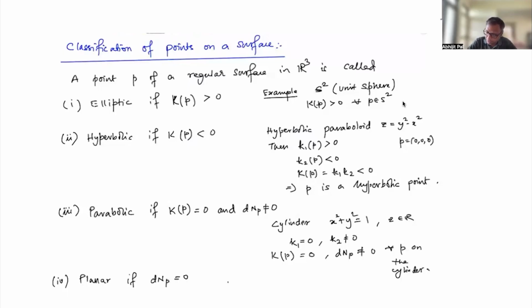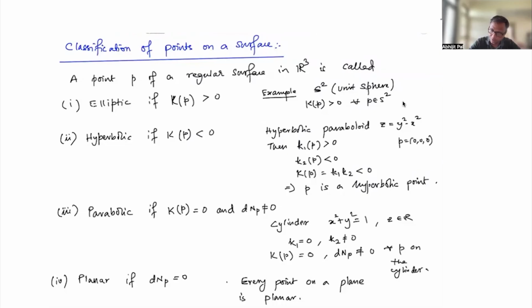So for example, every point on a plane is planar, because the Gauss map was a constant map. So the differential of that map is equal to 0.